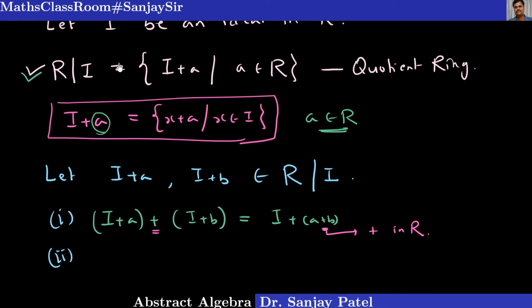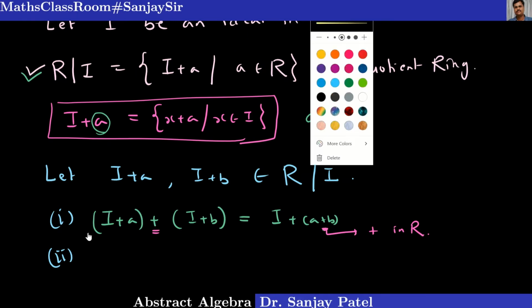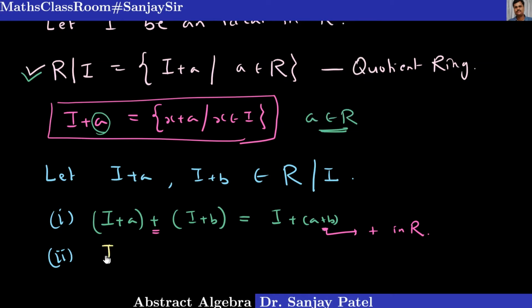The same way we can define multiplication also. So (I plus a) dot (I plus b), naturally we can define another coset which can be obtained by multiplying a and b.